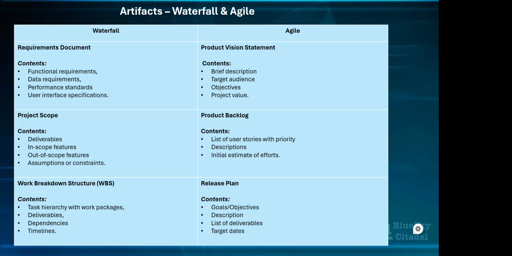The content that you'll have in your product backlog is the list of user stories with their priority, the description, which will include the acceptance criteria. This must be met, this should be met, this ought to be met, all of those are listed in there. And then you have an initial estimate of effort. So it will take maybe so many story points. That's what we're looking at.